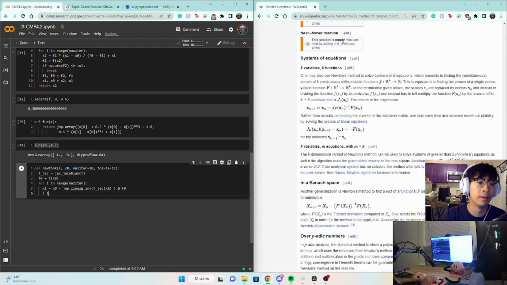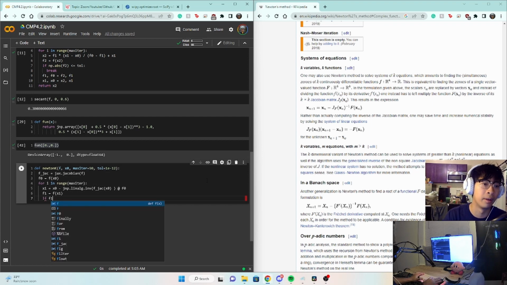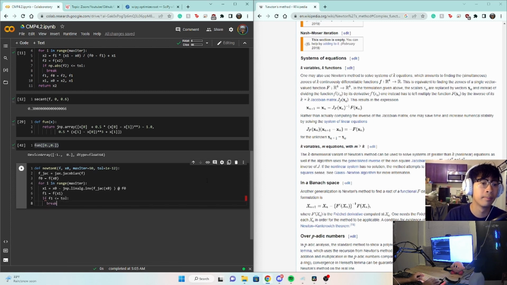We can calculate our new f value, that being the function evaluated at the new x value. At this point, we'd like to check, are we close enough to 0? You'd be tempted to say if f1 is less than or equal to the tolerance, then we would break. Note that it could be a vector function, meaning there's more than one f value.